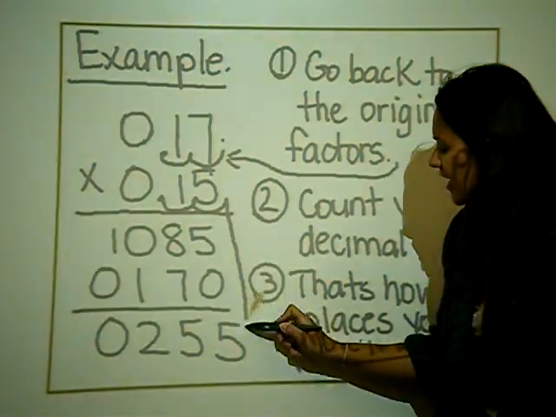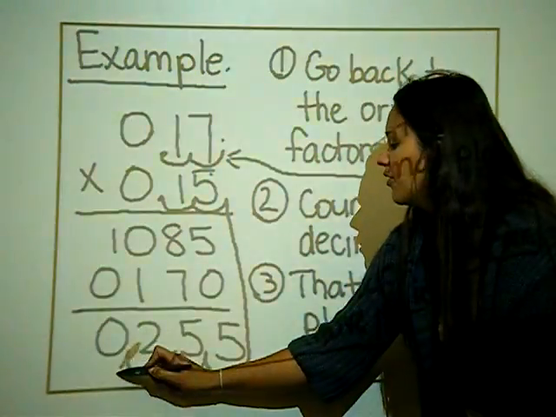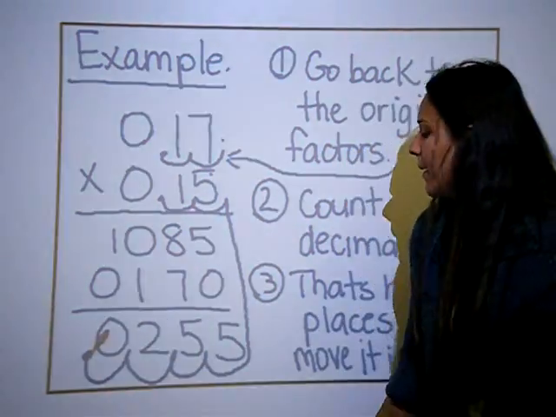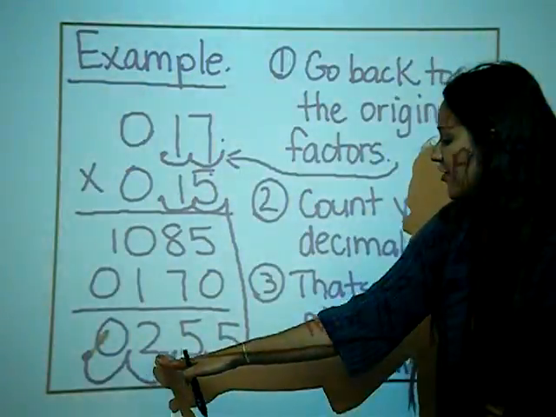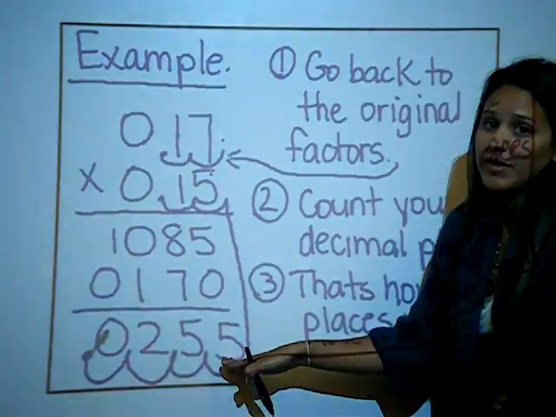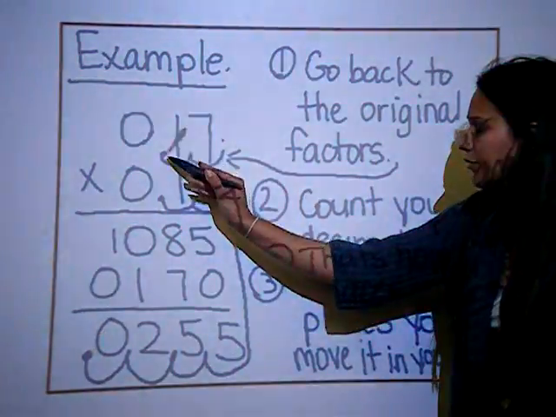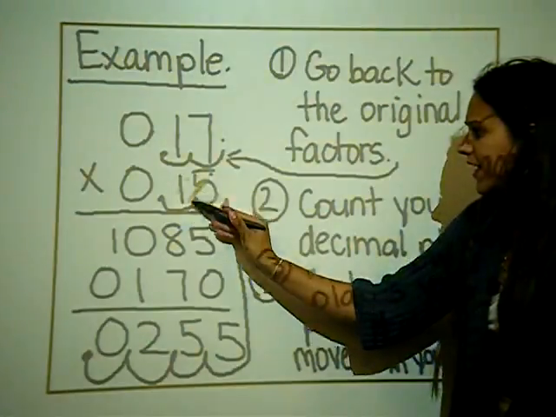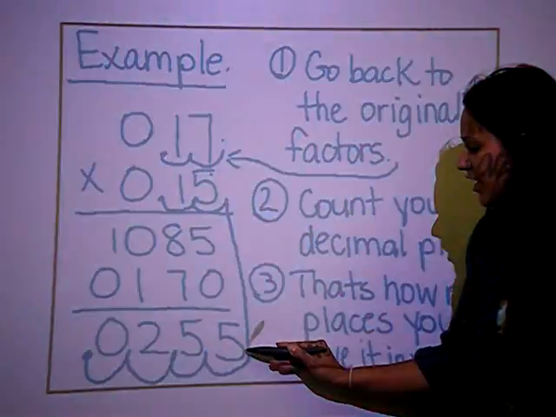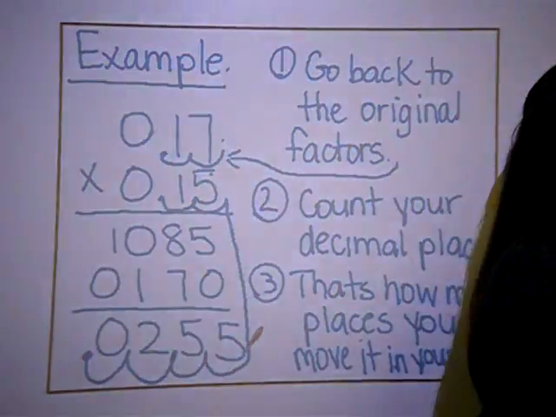So go straight down with your line and go over 1, 2, 3, 4 decimal places, making our number 2.55. So that's how you do it. You just count your first number over, your second number over from your decimal, bring it straight down, and that's how many times you count over total.